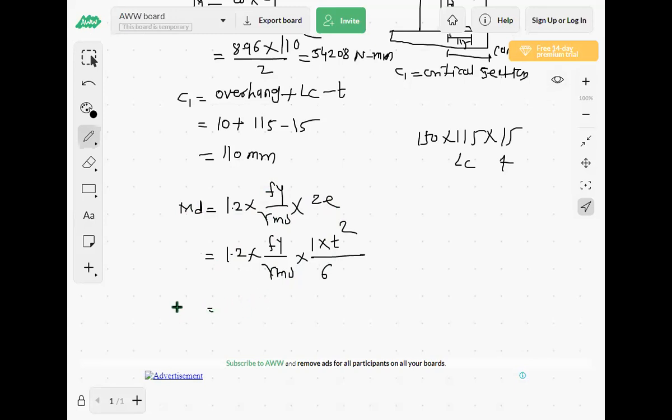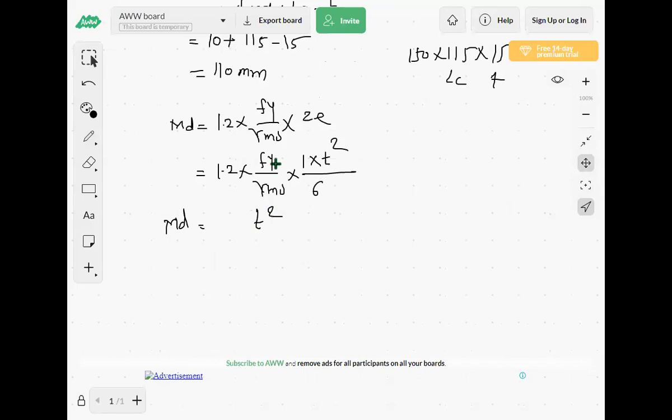So now calculate MD in terms of t square by putting this value. MD is equal to 1.2 into Fy, which is 250, divided by gamma m naught, which is 1.1, into 1 into t square divided by 6.